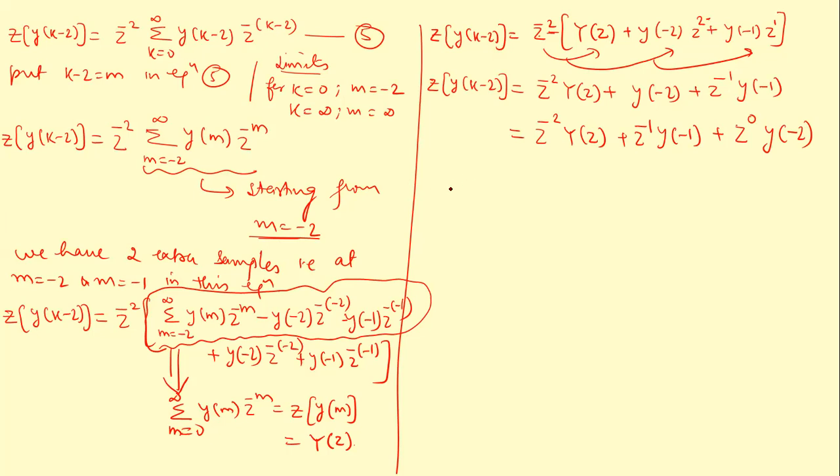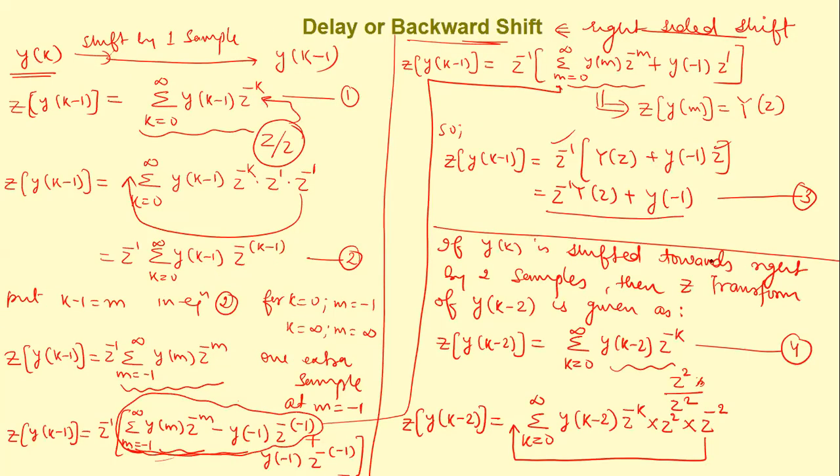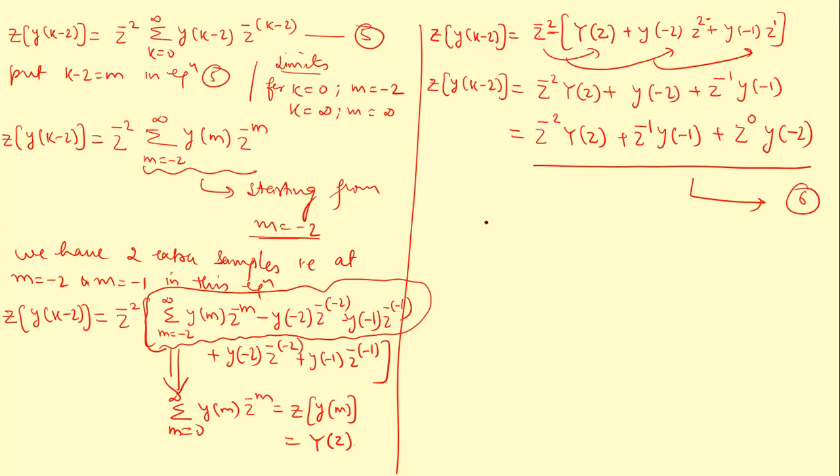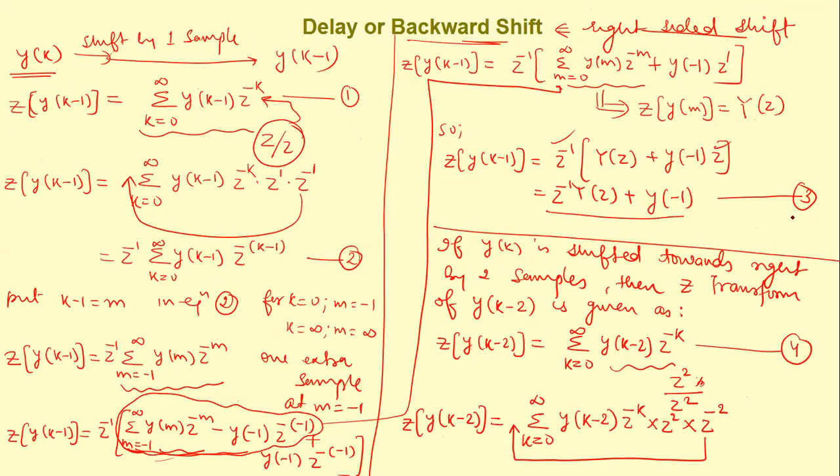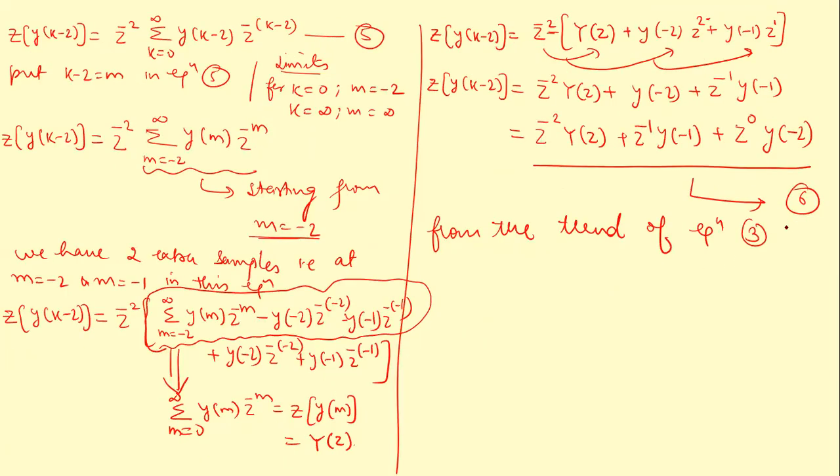Now if we see this trend, let us call this equation number 6, for example. Now from the trend of equation 3, here we have equation 3, this one, right? This equation and equation 6. So let us write these equations.